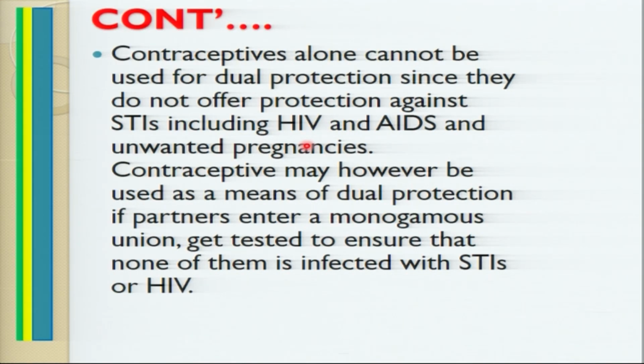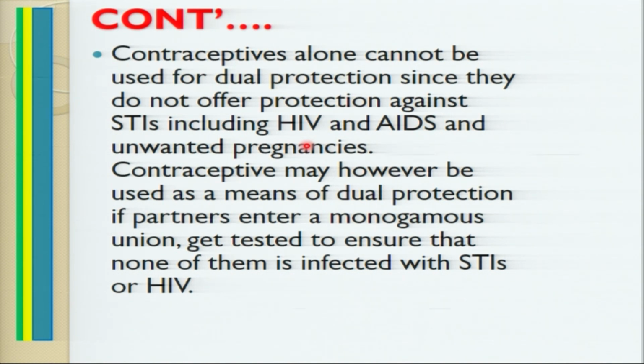Contraceptives may, however, be used as a means of dual protection if the partners enter into a monogamous union. Monogamy means marrying one husband and one wife, not polygamy, because with polygamy there are more chances of getting STIs.